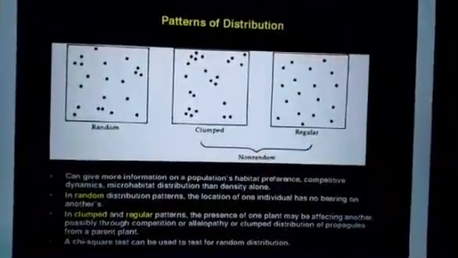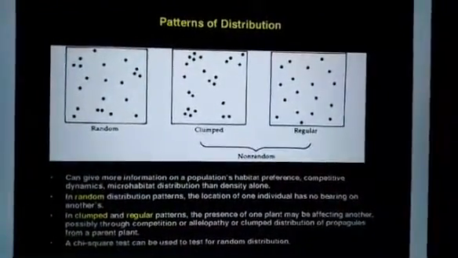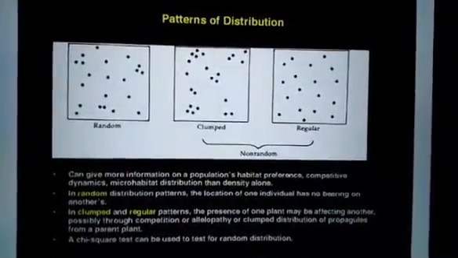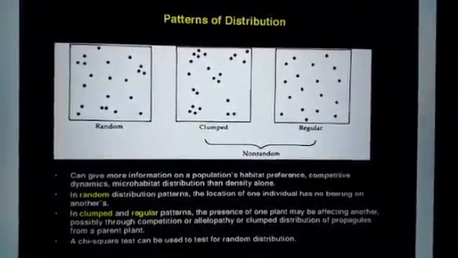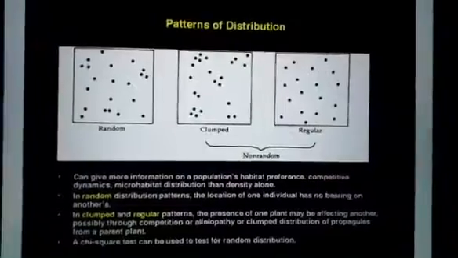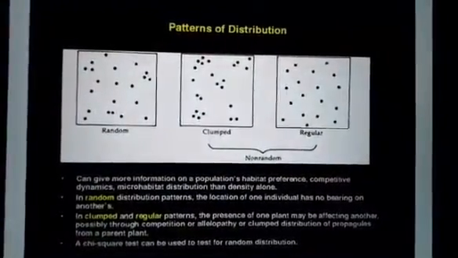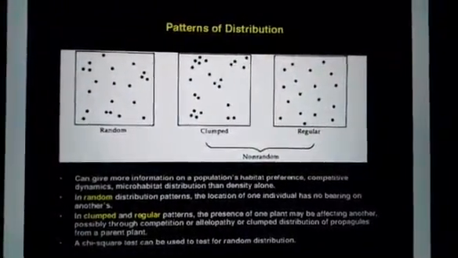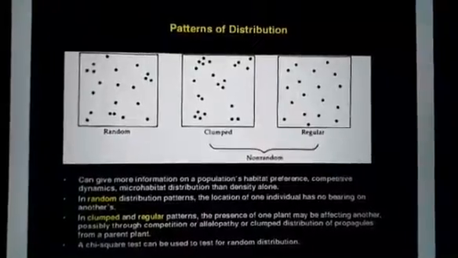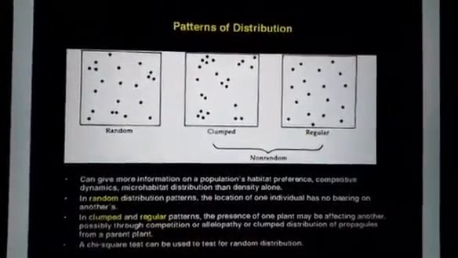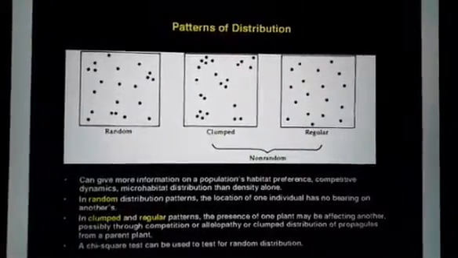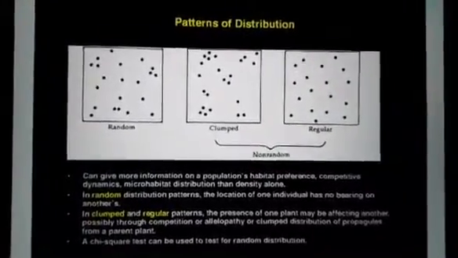So we've got three ways in which plants can be distributed in nature. We've got random, clumped, and also regular. They give more information on the population's habitat preferences, the competitive dynamics, and the microhabitat distribution than the density alone.